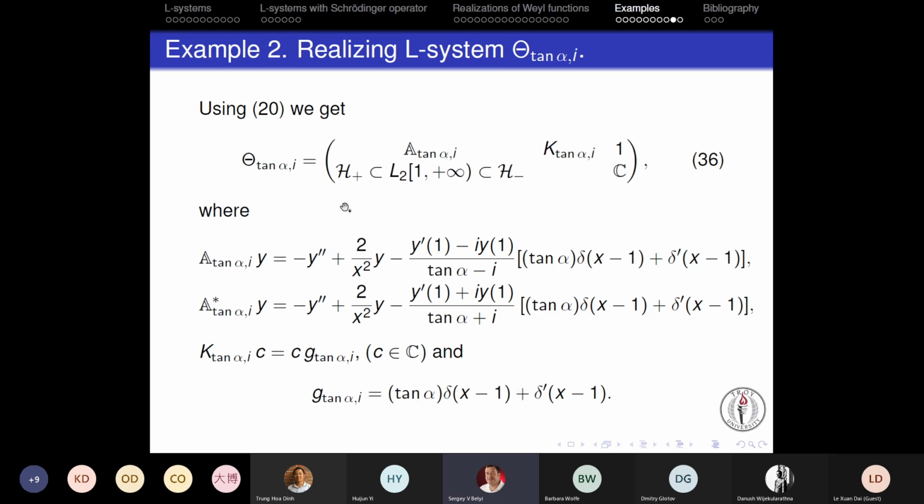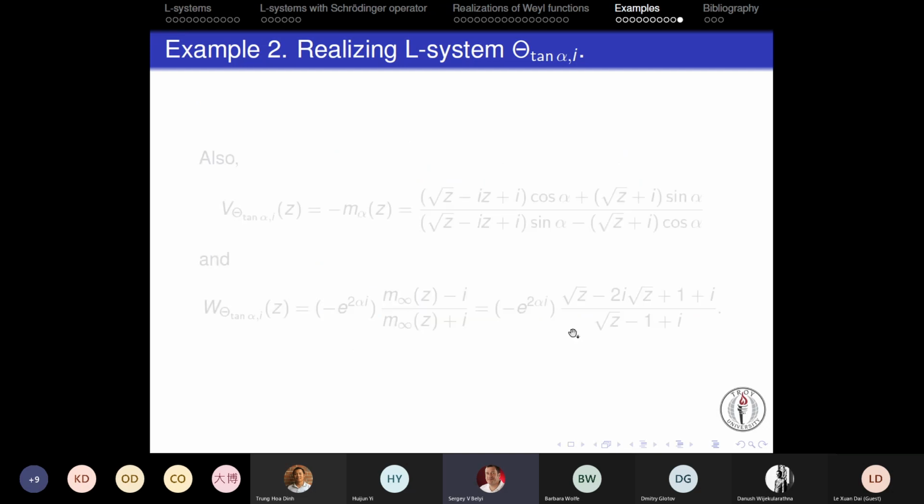Then the realizing system, well, tangent alpha as mu, will look like this. That's its formal description, but this is a specific description for any angle alpha with this potential. That's the channel operator K with two subscripts, and that's the channel vector g that defines it.